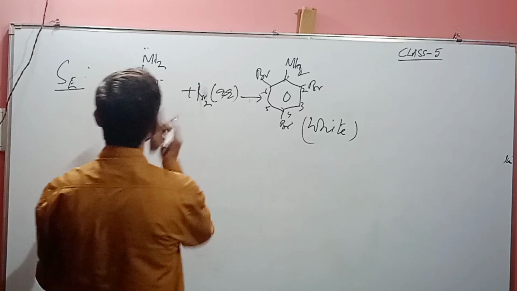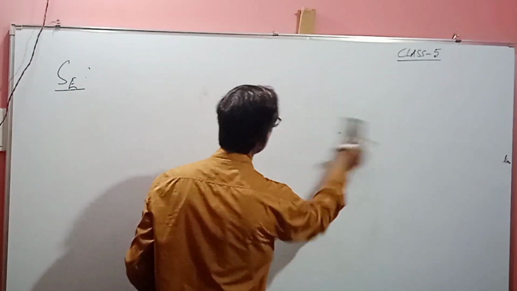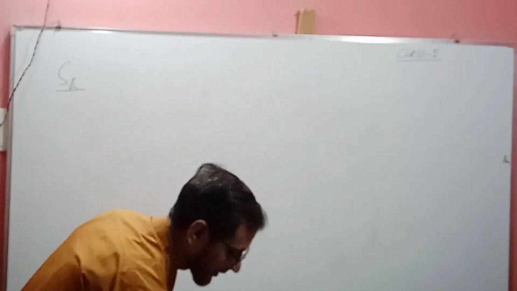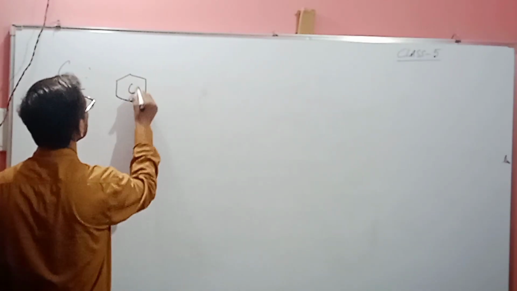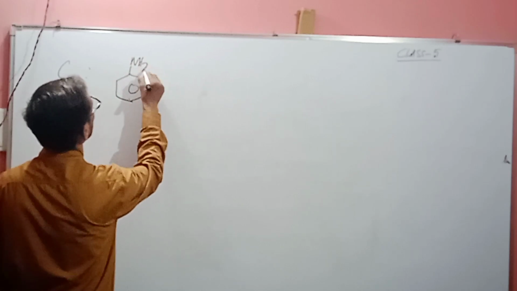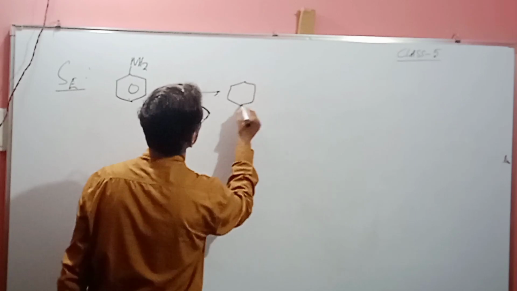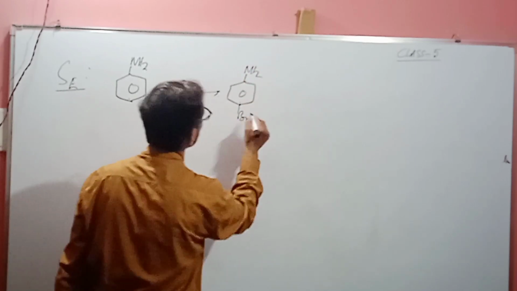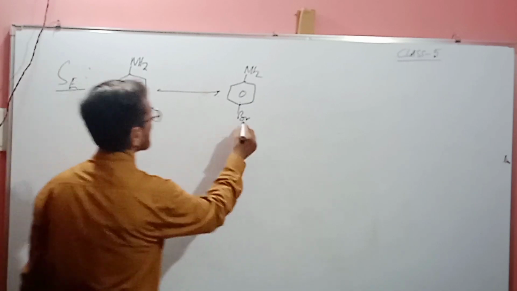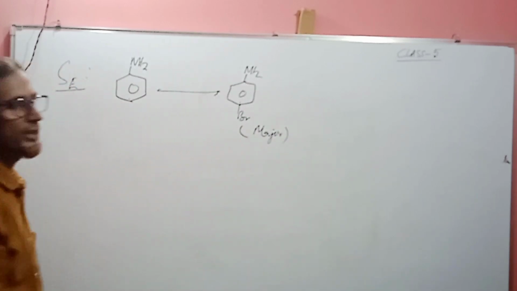Now the problem encountered here is, say this is amine, if I ask you to prepare para-bromoaniline only as the major product, you will encounter a lot of difficulty.